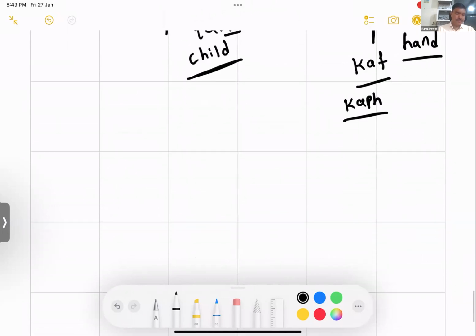Now Tsade. You have to start from this upper top, then there should be a curve over here, and this line which goes to the left top. This is called Tsade.